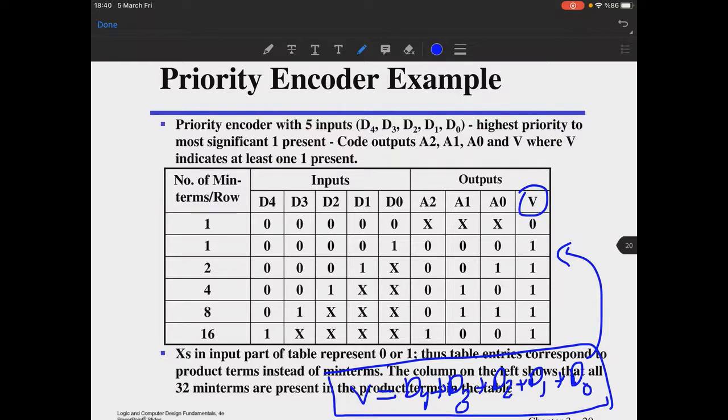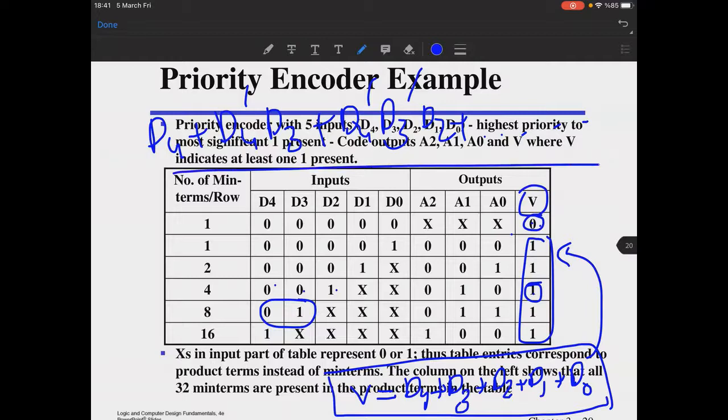But I suggest you make an exercise on simplification with Boolean equations as well. Just try to do this one by one, like for all of them you will write this: D4, or D4 not D3, or D4 not D3 1, D4 not D3 not D2 plus and so on.